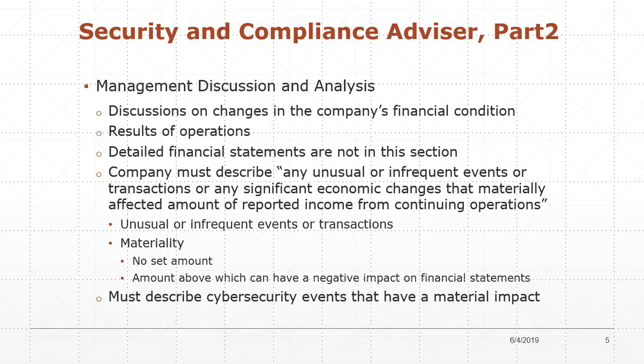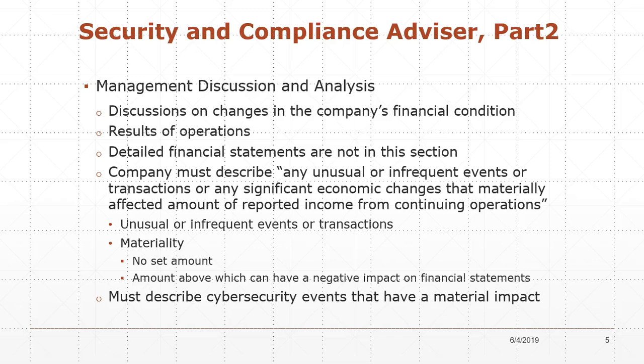So what you're looking for are unusual events or transactions, which certainly a cyber security event would classify as, but you're looking for materiality, materially affected amount of reported income.